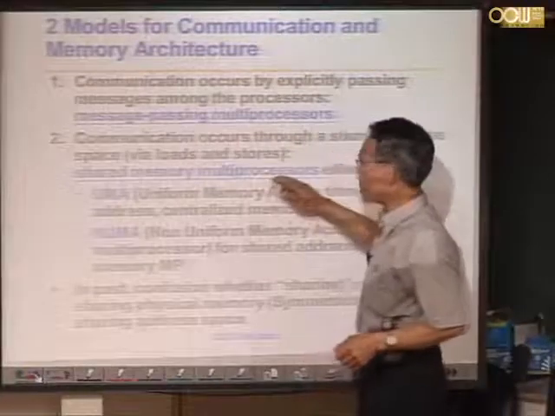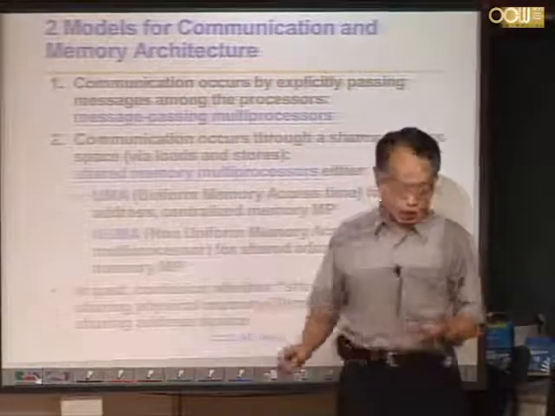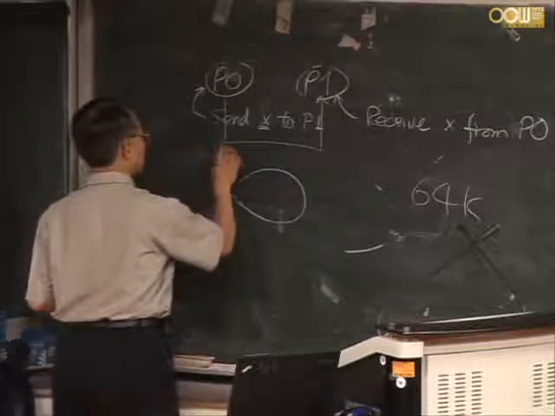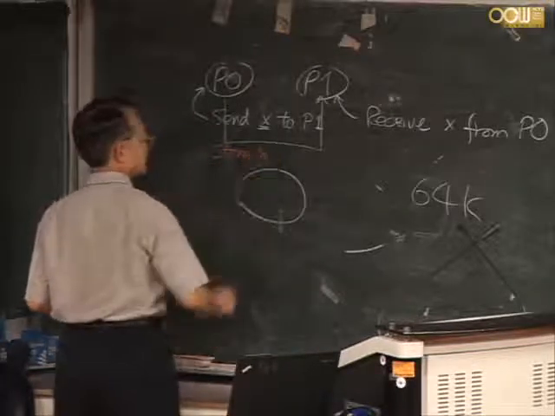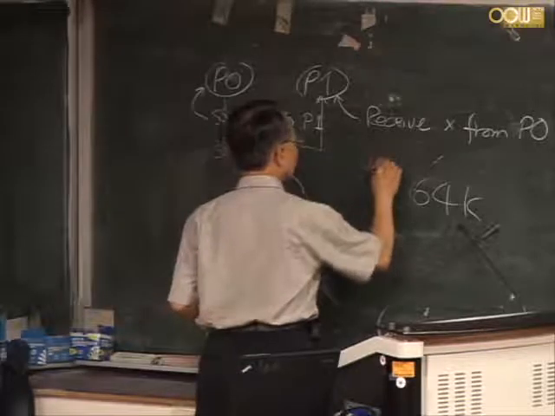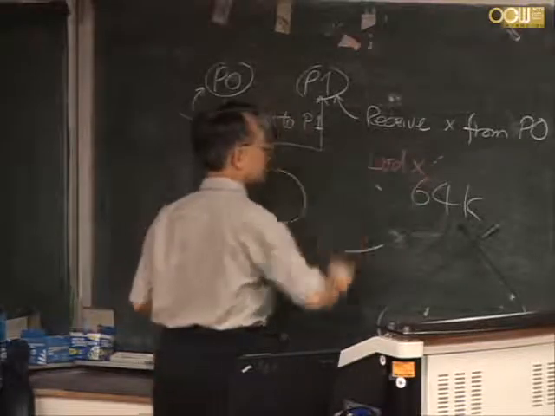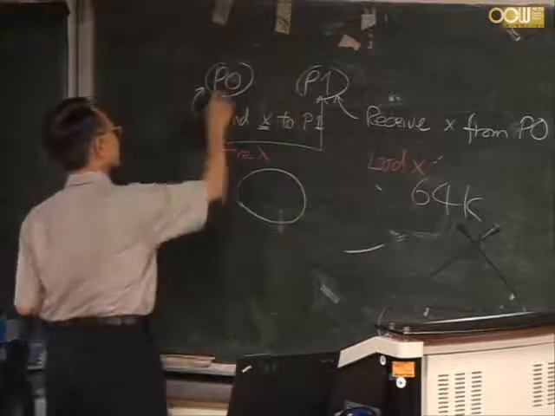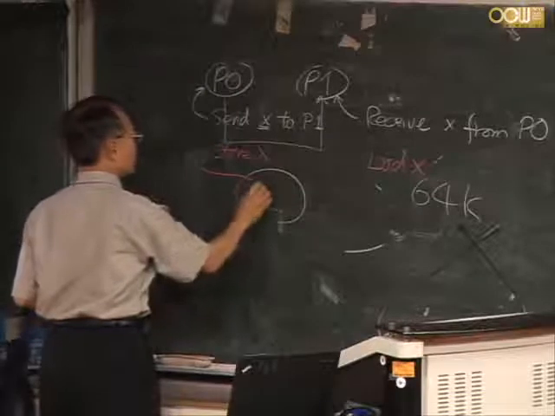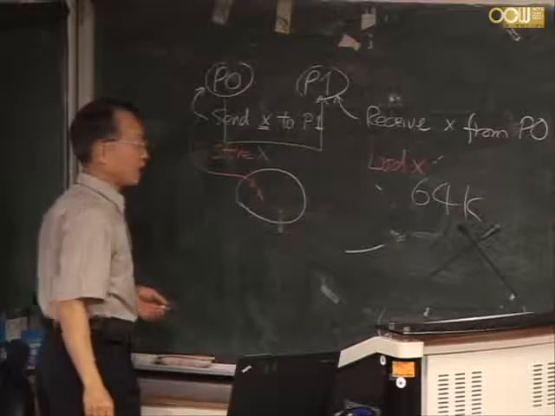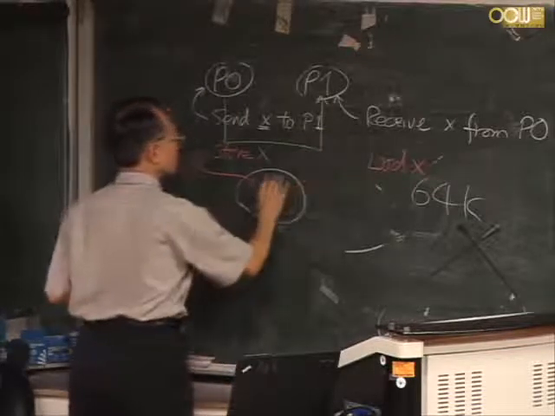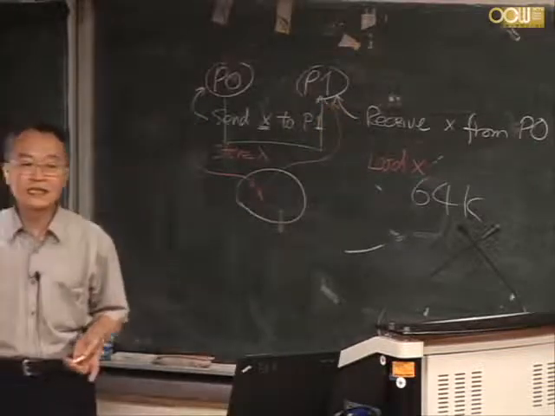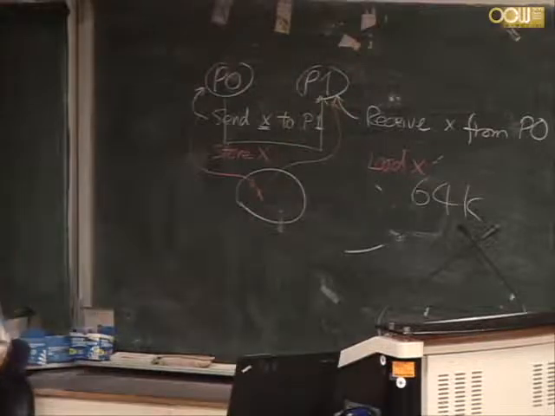Another is shared memory communication. Shared memory communication says store X and load X. If that's the case, then P0 writes to location X, and then P1 reads from location X. Now, what have you seen could cause trouble so far?